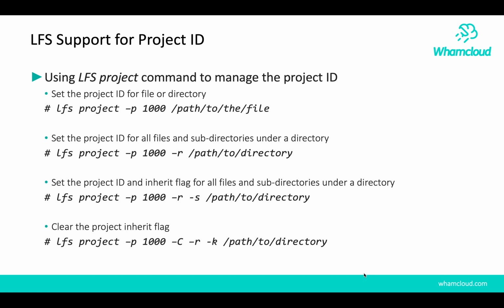Also, you can use option -r and option -s together to iterate the directory to set the project ID and the project inherit flag for all its files and subdirectories. You can also use option -C to clear the project inherit flag, and use option -k to keep the project ID from being cleared while clearing the project inherit flag.